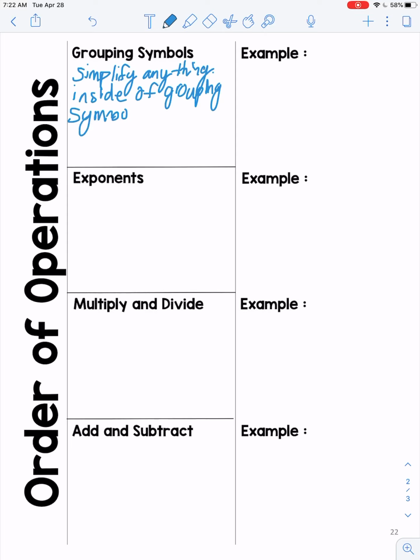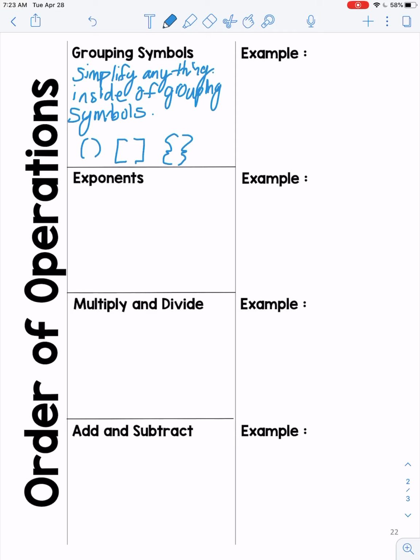So that's always our first step. Some different grouping symbols you might see are parentheses, brackets, or you might even see some braces when you're working with expressions and equations.